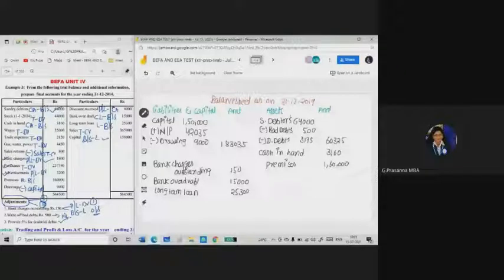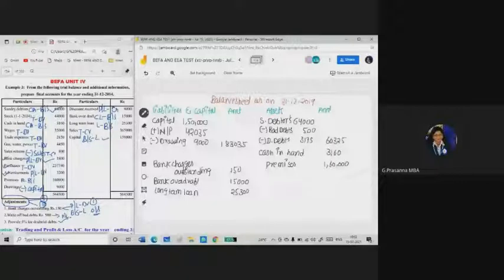Now we will calculate whether both the assets and liabilities are getting equal balance or not. So 1,83,035 plus 150 plus 15,000 plus 25,300. Here you are getting 2,23,485 rupees.